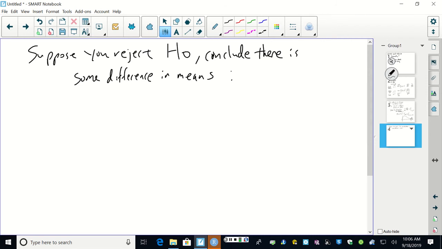Then we want to know where the differences in means are. Characterize them, go a little bit further in evaluating the different groups. So we could look at one mean versus another mean. For instance, there's an I, a little I prime in there.